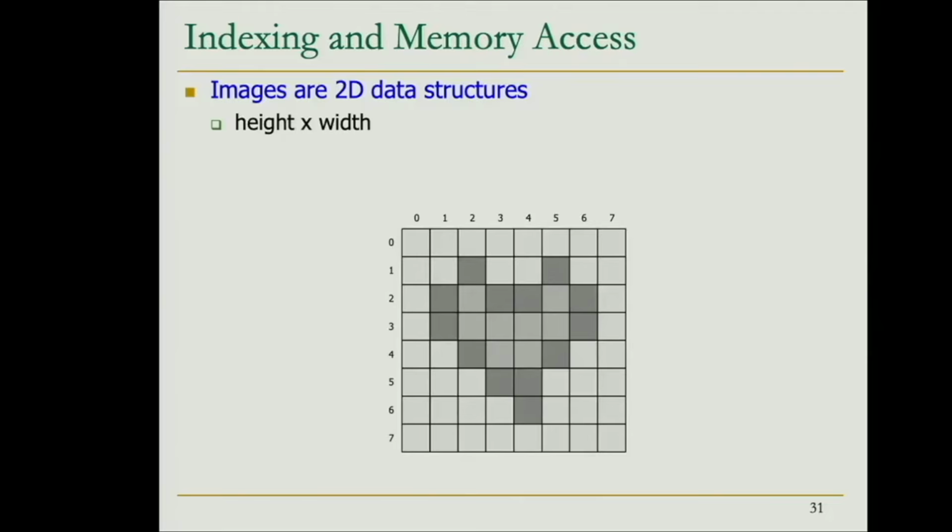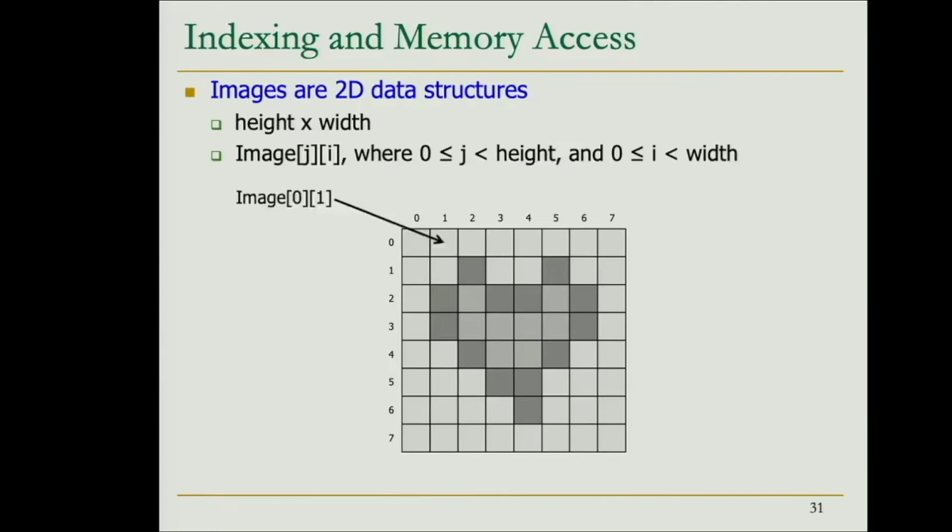In this case, our image here is 8 by 8 in size. When we want to refer to any of these pixels, as it is a two-dimensional data organization, we write image[j][i], j being the row and i being the column. So for example, this one here is image[2][1], or this one is image[0][1], and this one is image[1][2].